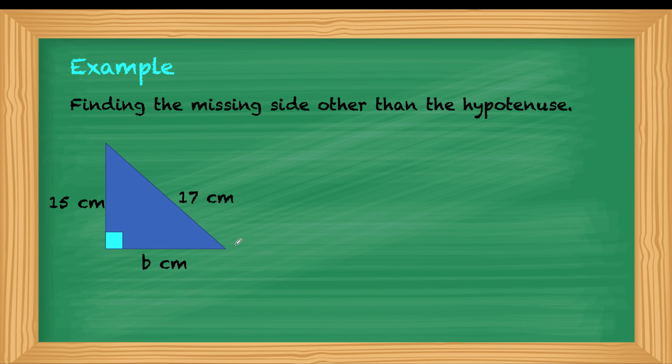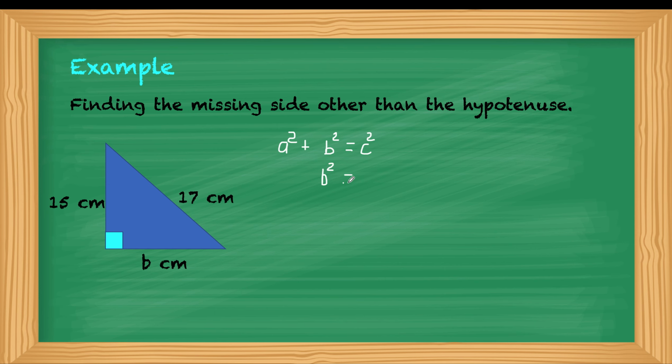Now we are finding the missing side other than the hypotenuse. So we're using the same formula, but in this case we have the hypotenuse. How are we going to find the base, which is the b? What do you think we need to do to find the other side than the hypotenuse? Very good. So we would change the subject of the formula.